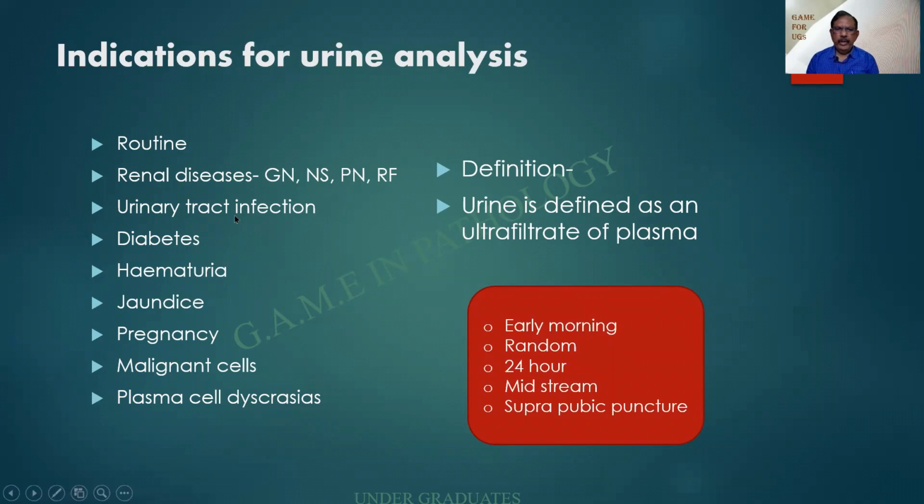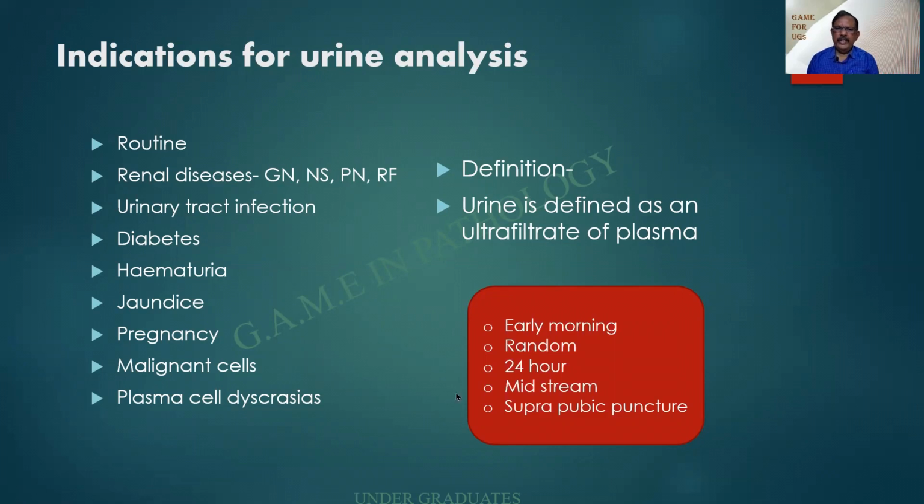It can be done for renal diseases, particularly glomerular nephritis, nephrosclerosis, pyelonephritis, renal failure, etc. Urinary tract infections, diabetes, no test without urine, hematuria, jaundice, pregnancy, for malignant cells, plasma cell dyscrasias.